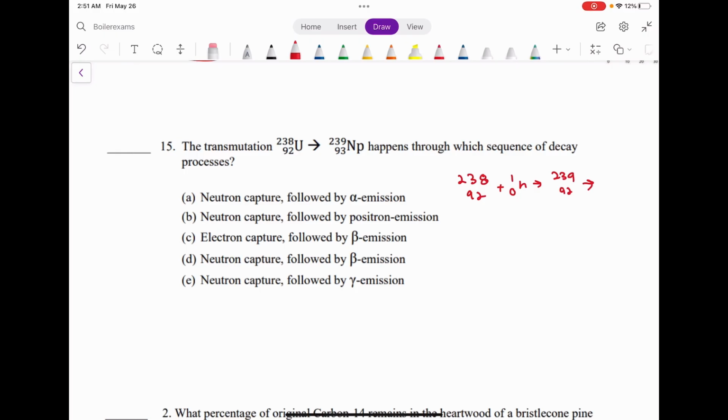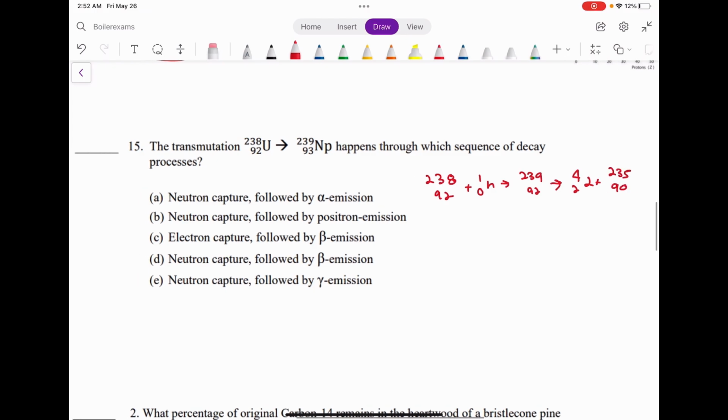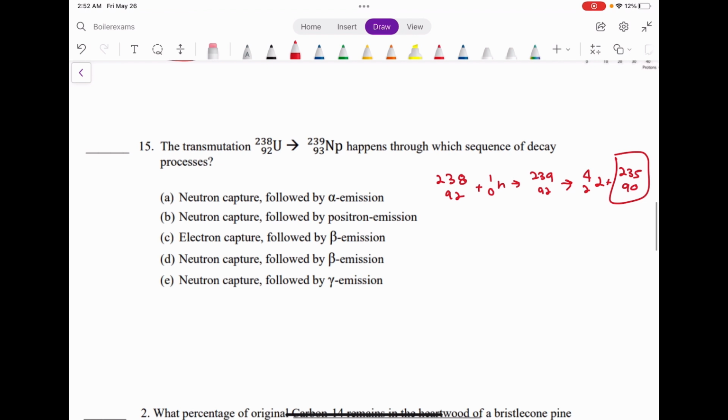That would give me 4, 2 alpha and then 235 and 90. So then this would be my final product. According to what A says, this would be my final product, which it's definitely not. So not A.